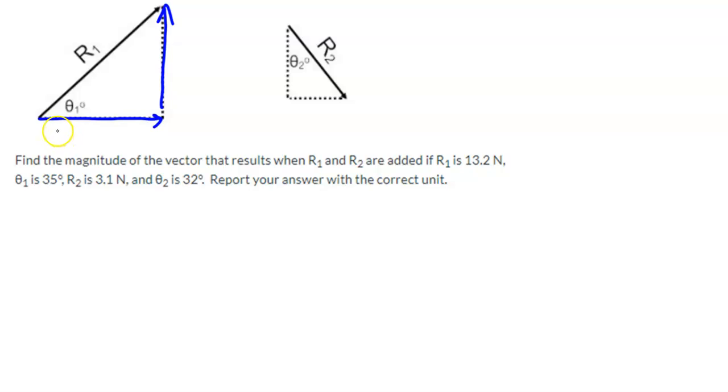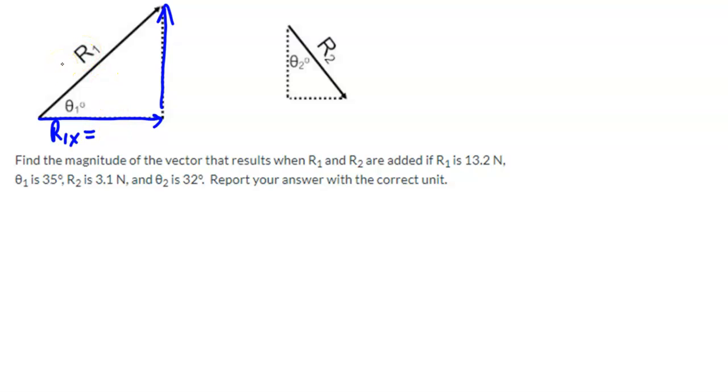So I'm going to call this one R1x, and this would be found using trigonometry. This is compared to the angle. This side is adjacent, and that's the hypotenuse. So you would use the cosine function. Cosine of theta equals adjacent divided by R1.